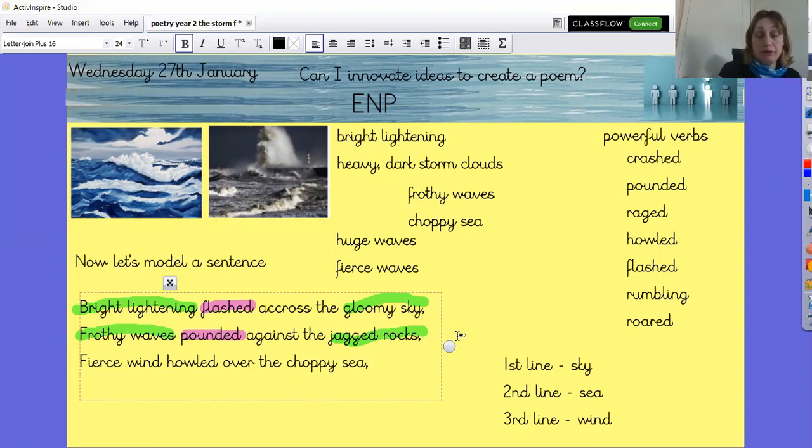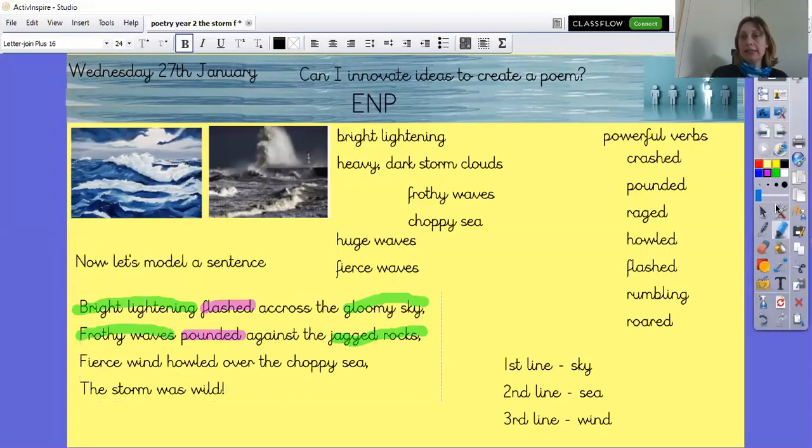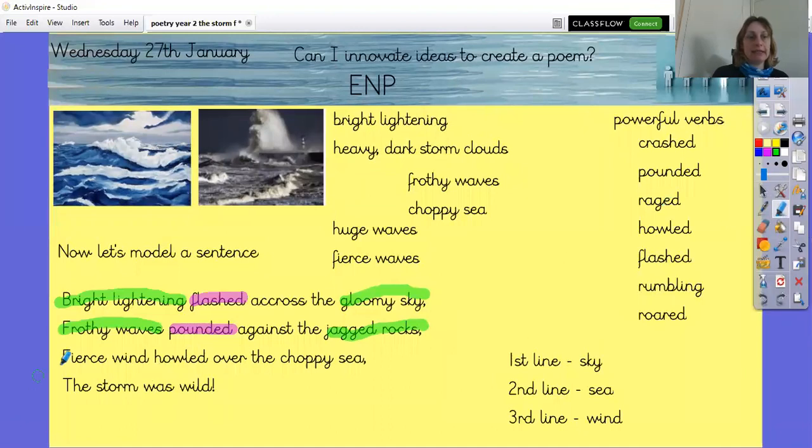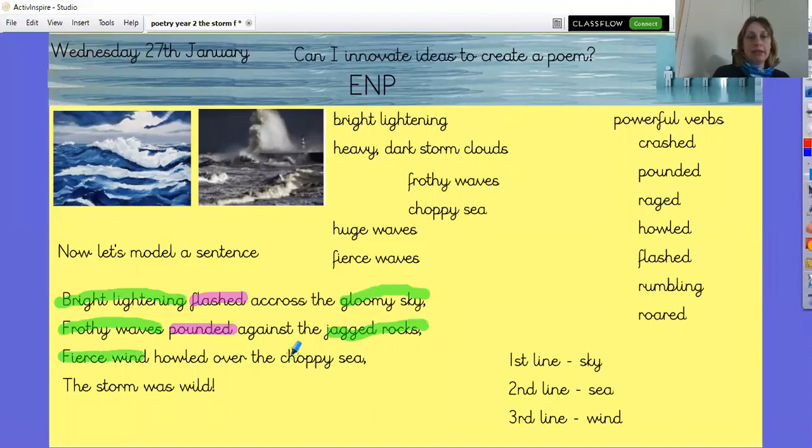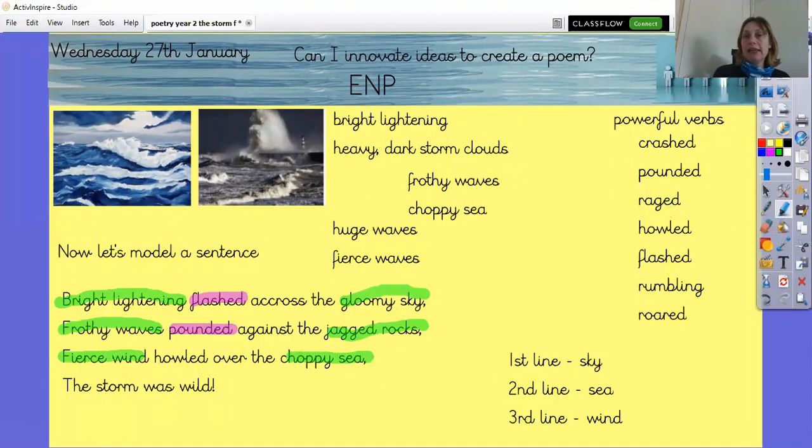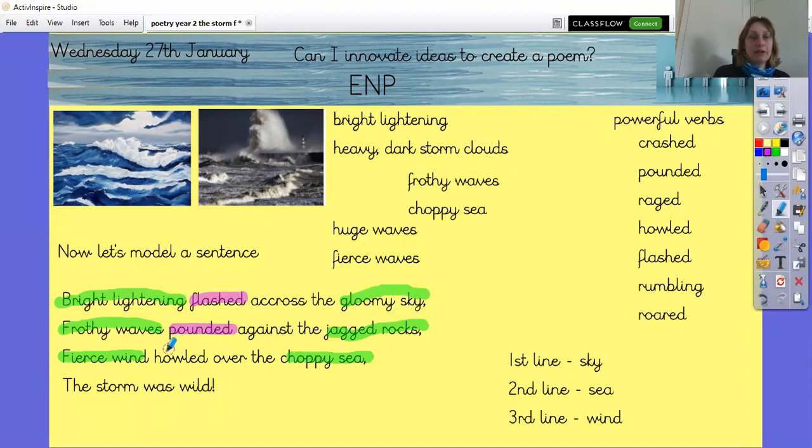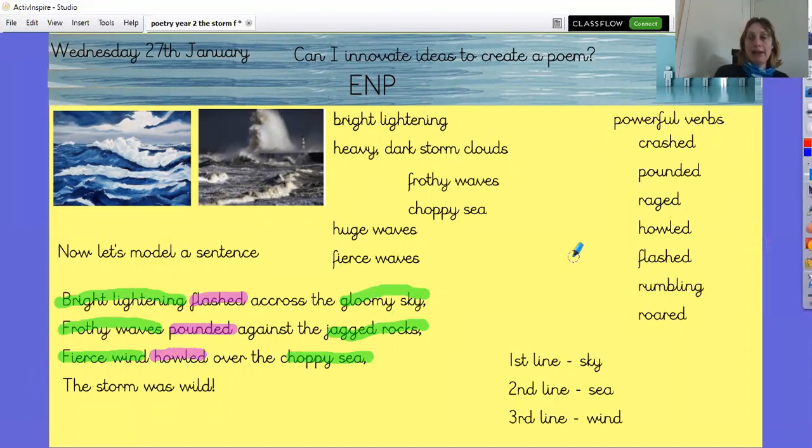And then our final line of our verse starts with, the storm was wild, and I need an exclamation mark there. So let's go and find our highlighters so we can highlight our EMPs. We have fierce wind and choppy sea, and then we're going to have our verb of howled.